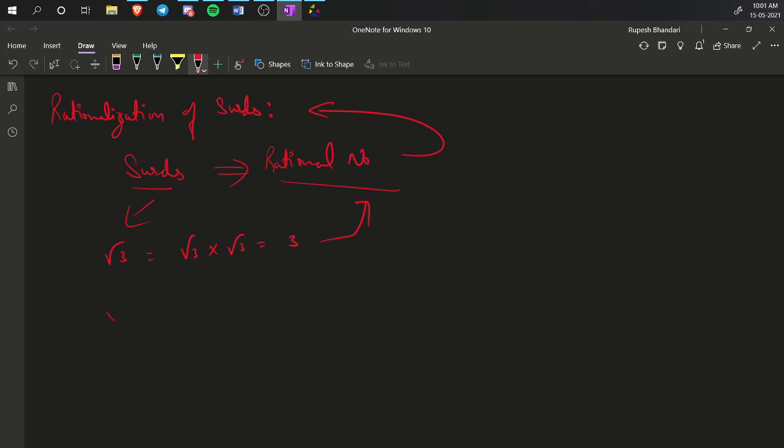So similarly, let's look at something else, under root x plus y. In this case, what happens? Under root x plus y into under root x plus y equals x plus y, right? So that is a rationalization. You might be thinking, how is that? Basically, the square and the square root cancel, so that will be basically x plus y.